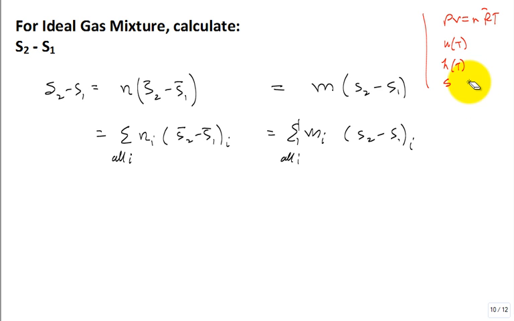So what you need to think about is that it's a function of two independent intensive properties. Often we like to work with temperature, but another popular one is pressure. Or you can write S as a function of temperature and volume. So, armed with that, I have to think about this. I'm going to talk about the partial pressure because there's no partial temperature concept.